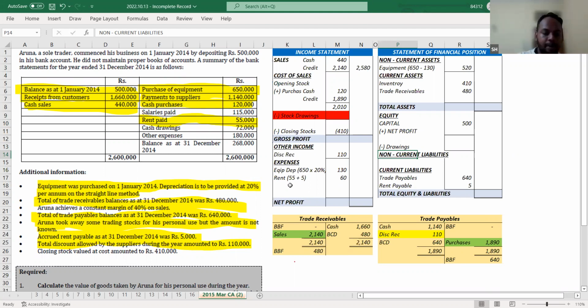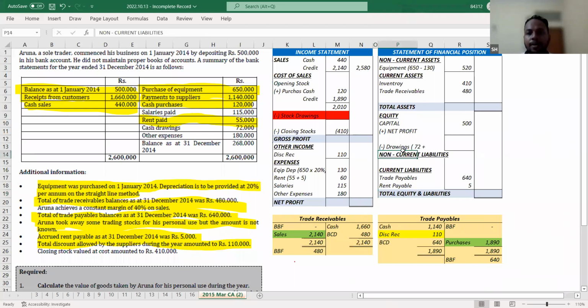So there are remaining payments: salaries 115, other expenses 180, cash drawings 72, and there are stock drawings.